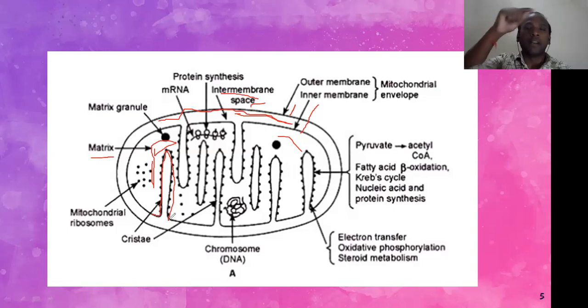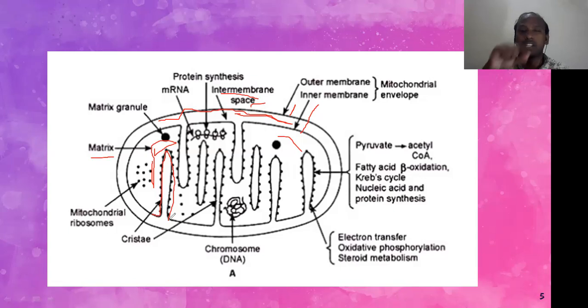So these are many different projections protruding into the matrix, forming satellite-like and villi-like structures. These we call cristae. The advantage of cristae is an increased surface area, so that many different kinds of proteins and enzymes which play various metabolic roles can be accommodated.